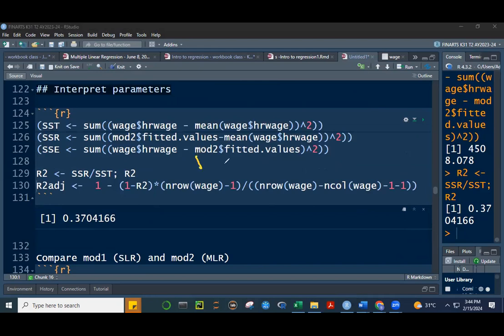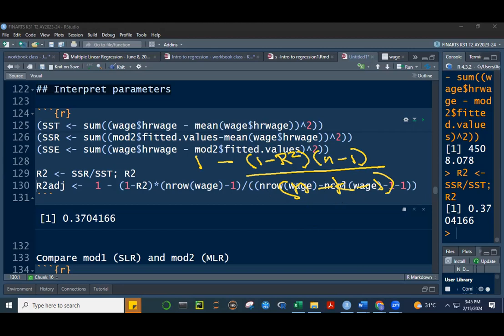It's 1 minus, okay, so 1 minus R squared, okay, times n minus 1, okay, divided by n minus k minus 1. Okay, so this is the formula. 1 minus the quantity 1 minus R squared times n minus 1 over n minus k minus 1.